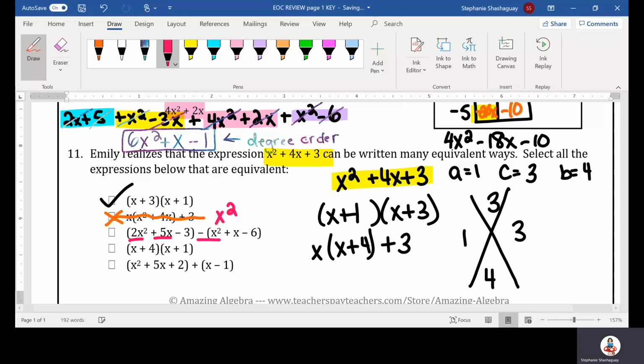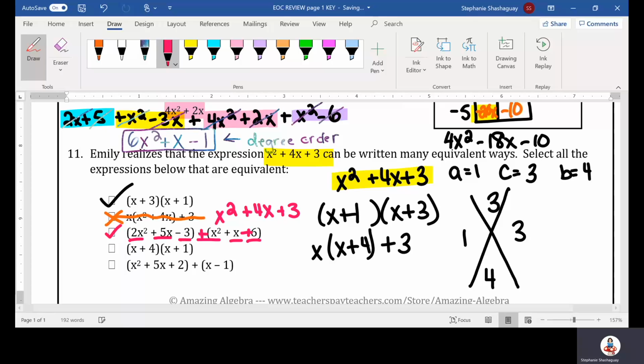I have a positive 5x minus x, and I'm going to have plus 4x. And then I have negative 3 minus a negative 6. So when I subtract a negative, that's really adding. Negative 3 plus 6 is going to be plus 3. So that is another option that would be correct.